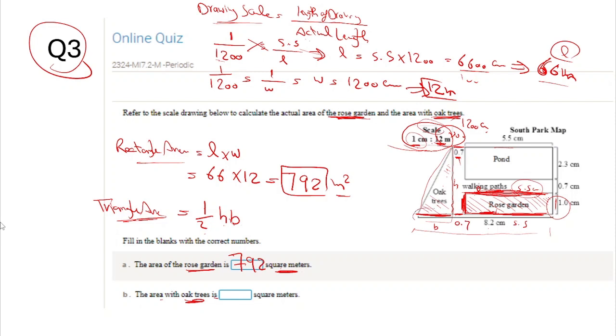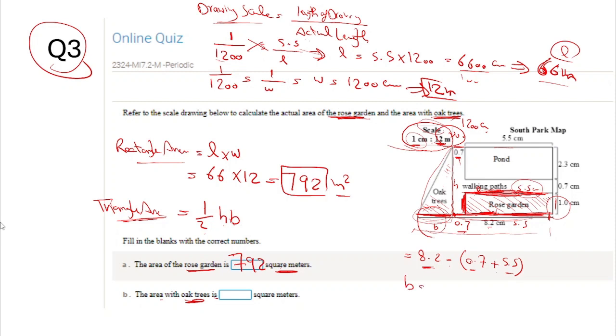So to get the length of this one, it will be 8.2, this whole length, minus 0.7 plus 5.5, this length. So that means 8.2 equals this length plus this length. So that means this length will be 8.2 minus 0.7 plus 5.5.